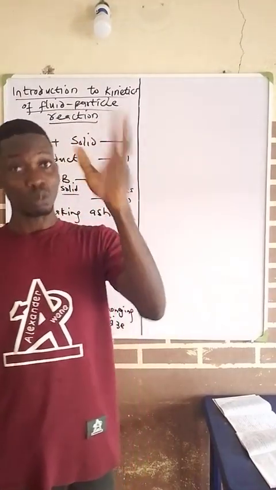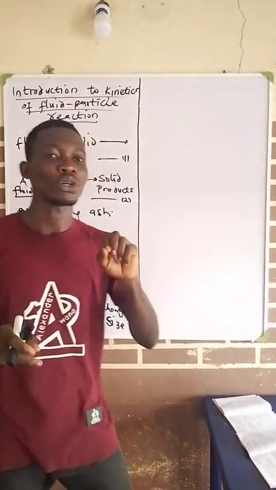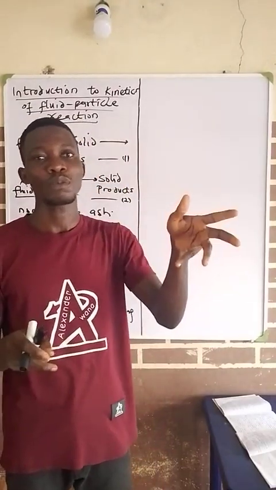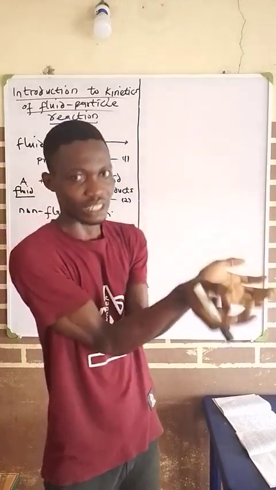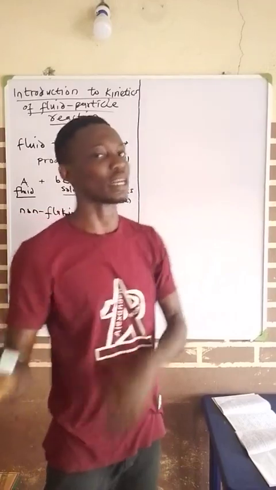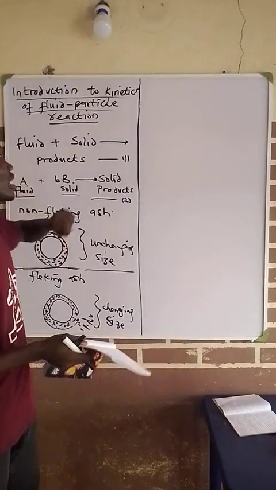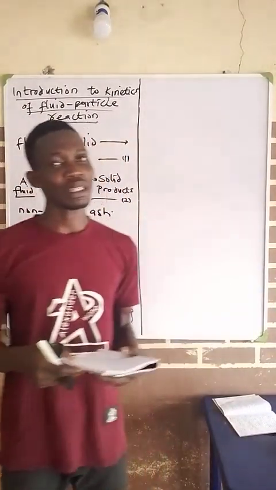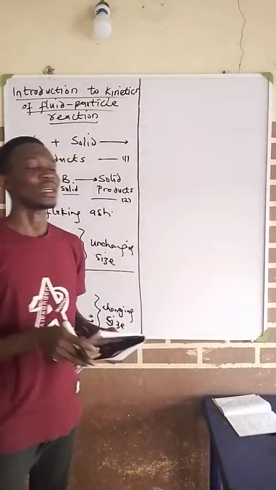When we talk about a model, we're talking about a conceptual picture with its mathematical representation, something that we can visualize about a particular process, and then we can design it, that is, derive its mathematical representation. Now when we talk about this heterogeneous reaction, that is the fluid-particle reaction, we have two predominant reaction models.